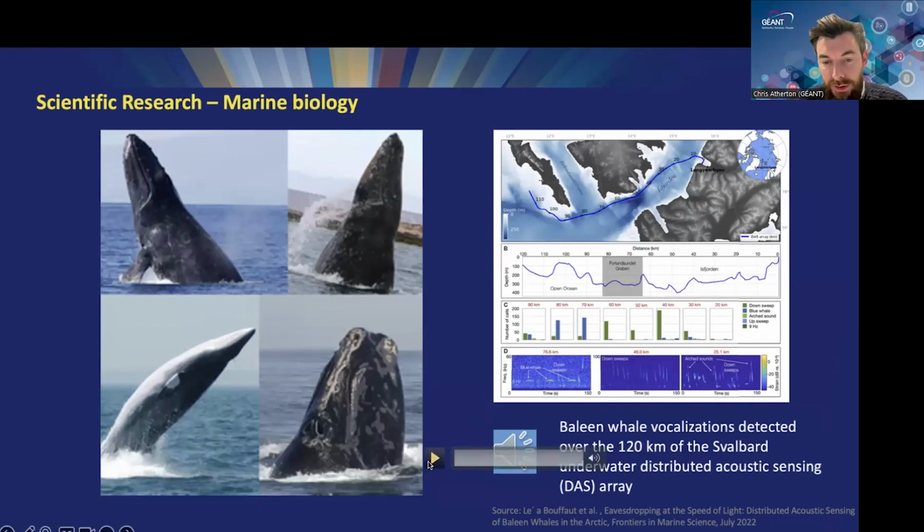I've got a recording here of one of the whales that was picked up in Svalbard, which I'm hoping you can hear now, but might not be able to. If you do get the slides, you can listen to it. This was a whale that was feeding in the fjords around Svalbard.